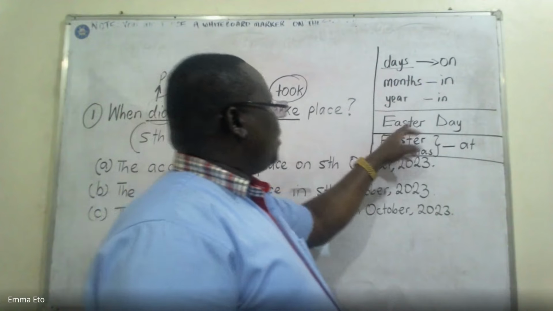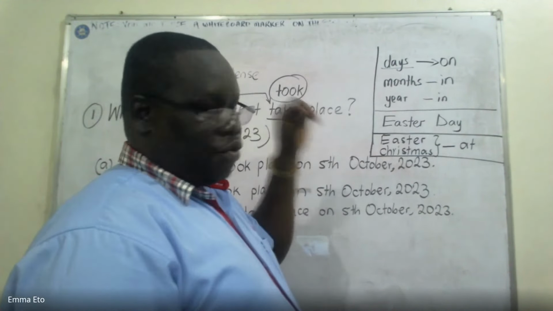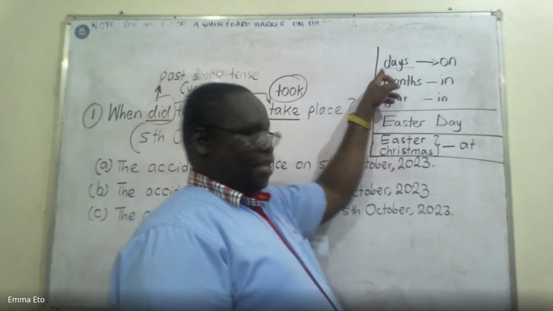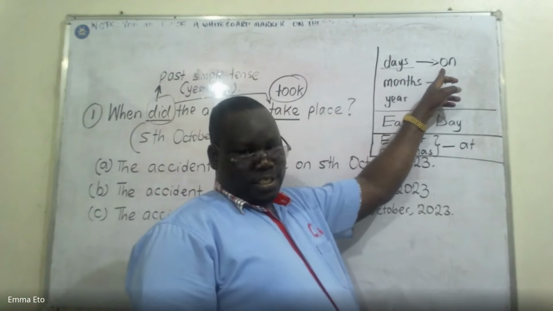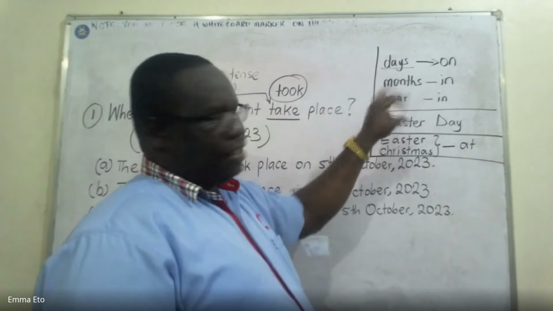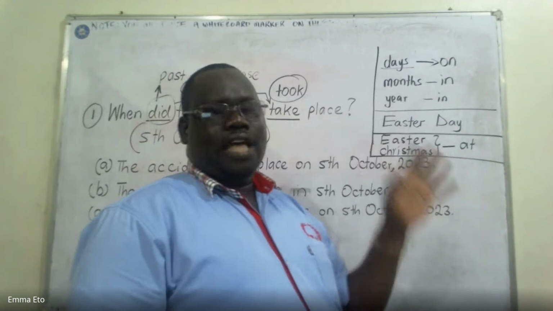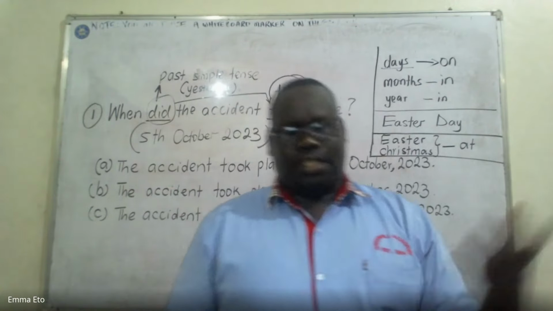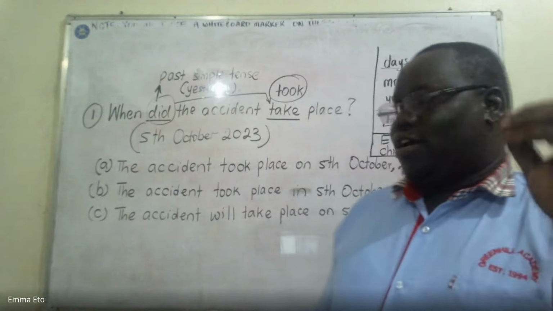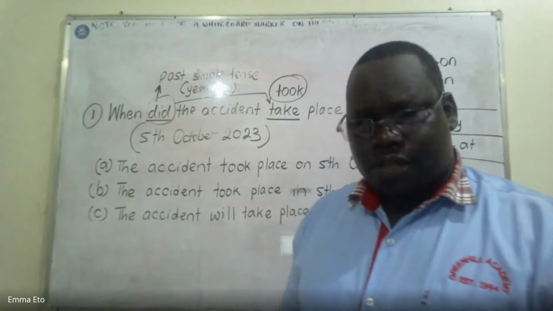But if there is a day, maybe Christmas Day, because of the fact that there is a day, the preposition changes. As a candidate, you must know all these dynamics, such that when you are framing your answer, it has no issues. You're just writing to satisfy the question, and your mark will be waiting for you.